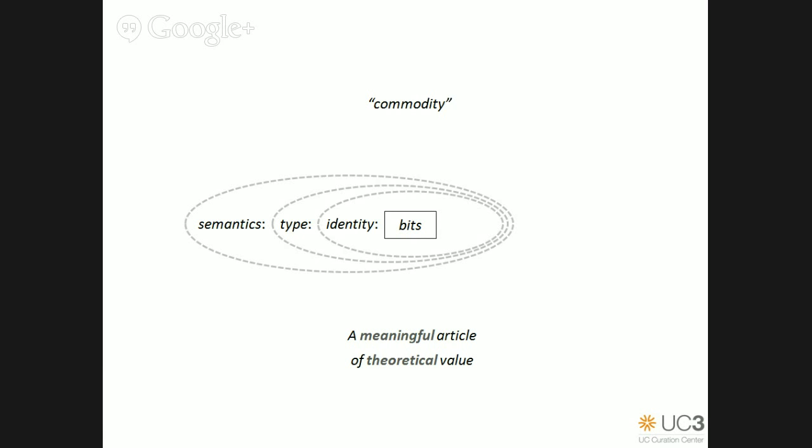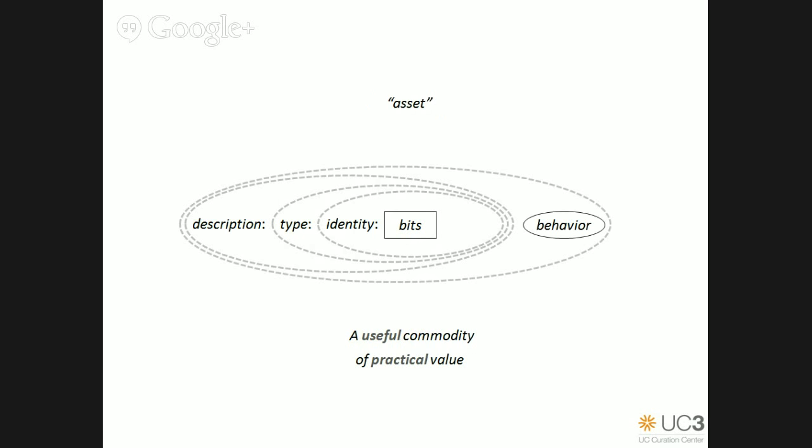That is a meaningful article. But since at this point we have no direct means of exploiting it for a particular purpose, its value remains theoretical until we add in the notion of behaviors, realizing behaviors that are able to turn these sets of bits back into those physical stimuli that are then accessible to a human consuming agent. This amalgamation we call a digital asset. It is a useful commodity, and because it can be directly exploited, it is of practical value.